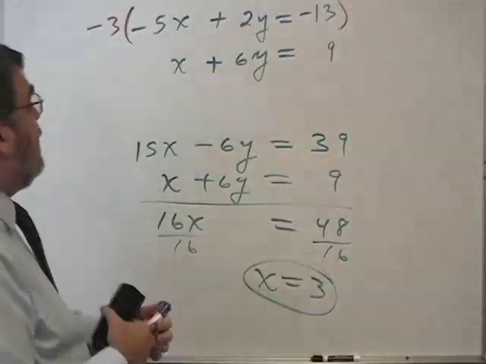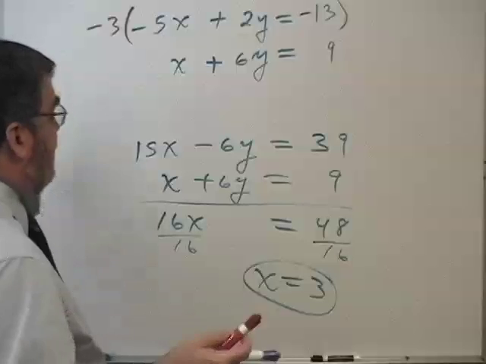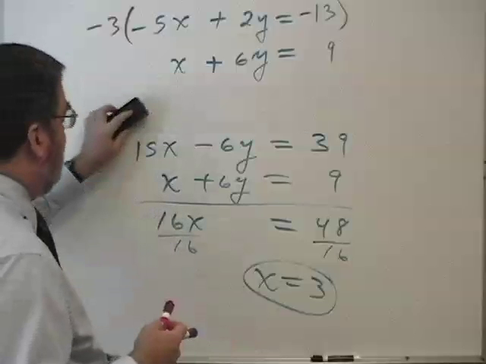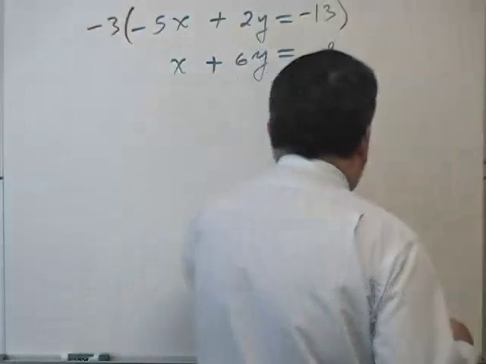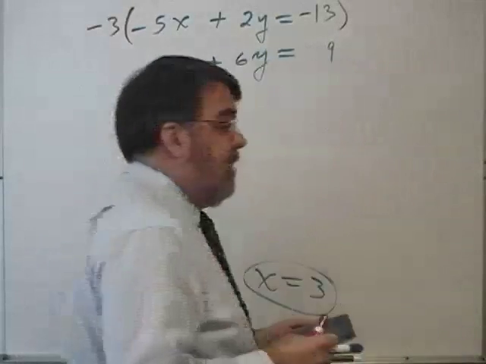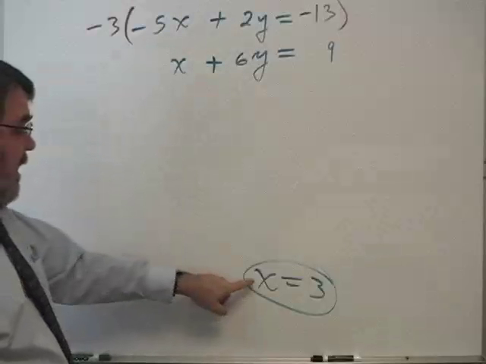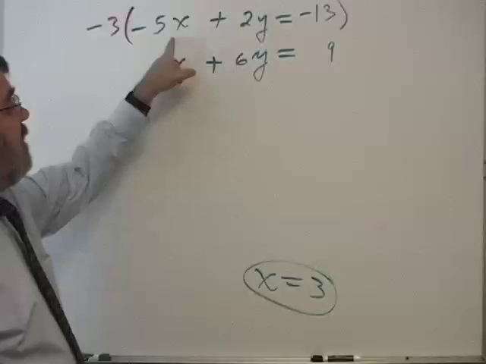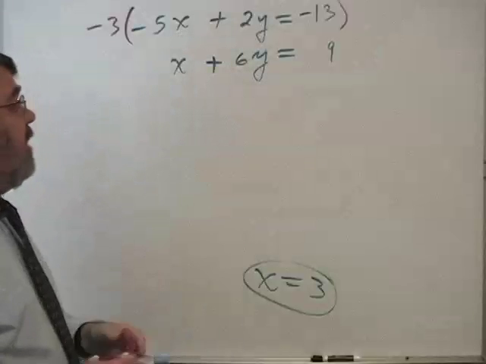But x equals 3 is one of my solutions, and I have to figure out what y would be. So I'm going to make a little room. What should I do? Well, x is a solution to either of these equations, and I want to solve for y.